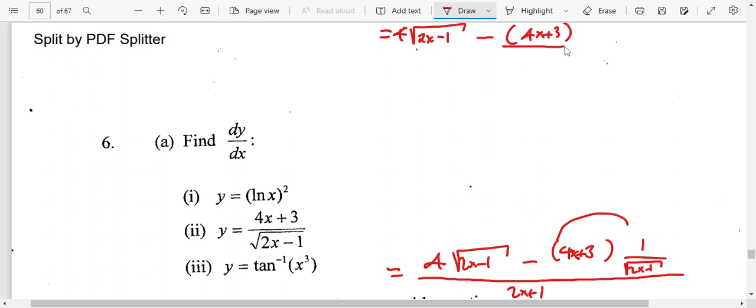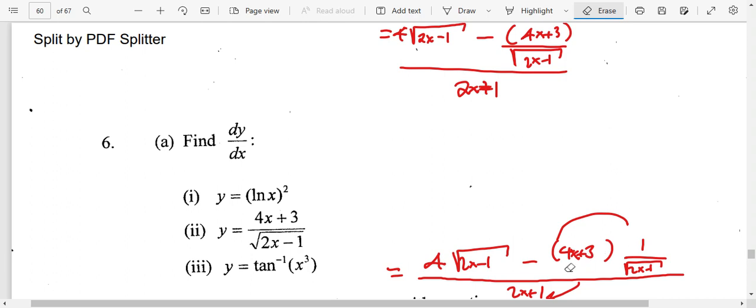And then over square root of 2x minus 1, and then everything now divided by what is in the denominator, 2x minus 1, I mean plus 1 there. I don't know how it has changed to plus. I think this was supposed to be a minus, right?